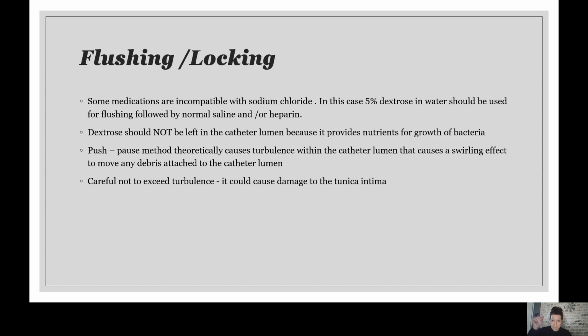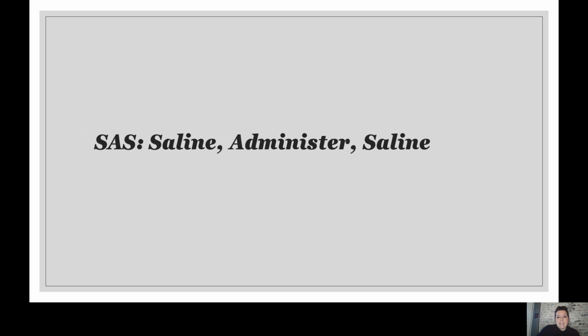A little bit of turbulence is going to swish it around a little bit better. Be careful not to exceed turbulence. It could cause problems, so we're not going to get all crazy with it. Just push, pause, push, pause. Saline, administer saline. You'll also see the acronym SASH, which we will use for central lines: saline, administer, saline, heparin.